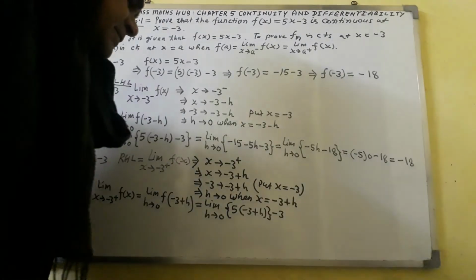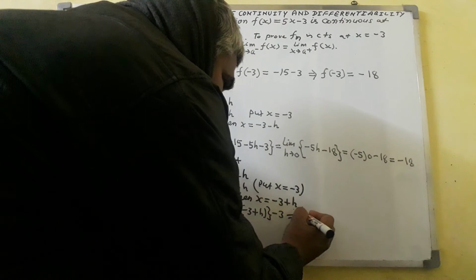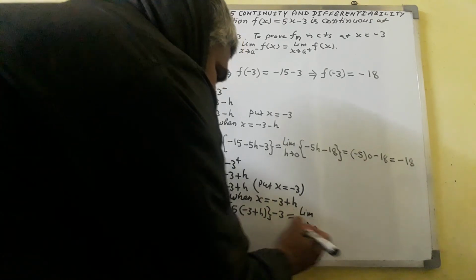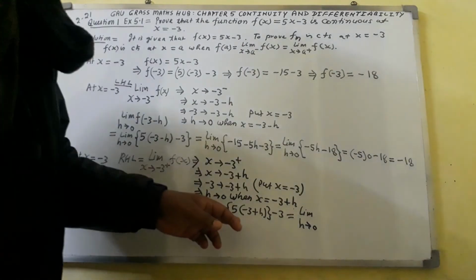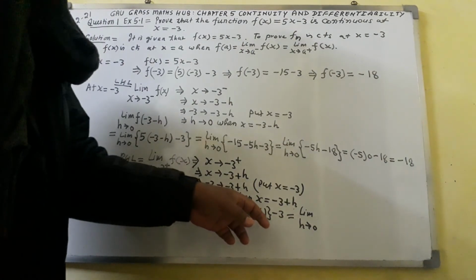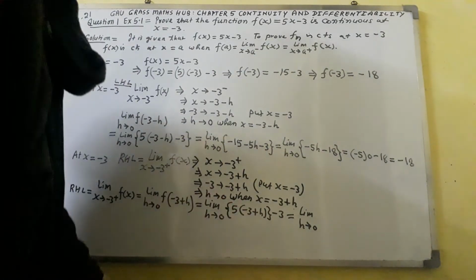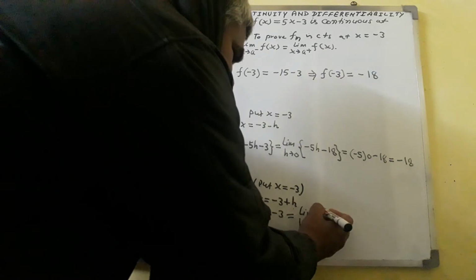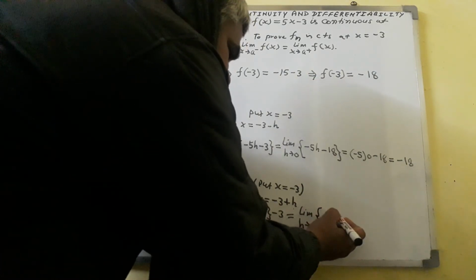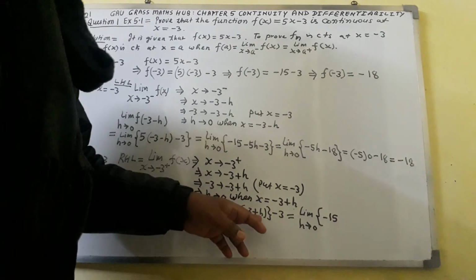Now solve this one. Here you will get lim h tends 0, and 5 will get enter inside, bracket will be broken. 5 will multiply to minus 3. So here you will get minus 15 plus 5 will multiply to h.